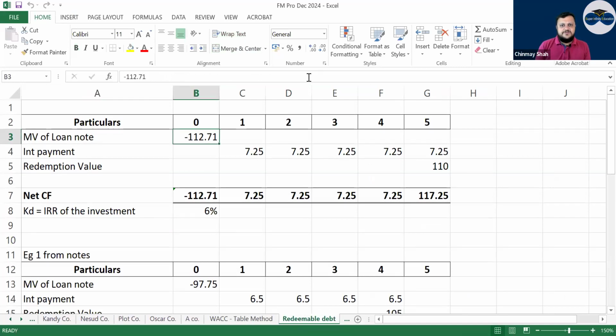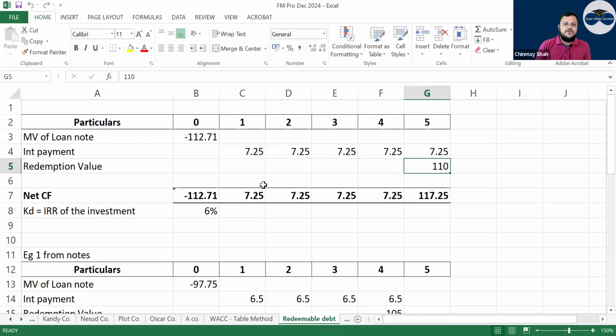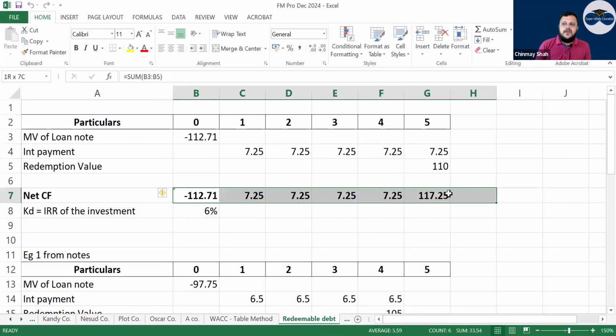I hope the Excel sheet is visible. Then the interest payment. Your tax was not given, so I took normal interest payments, correct? 7.25, and at the end the redemption. So you take the total net cash flow, and you have to find the rate where the present value of all the cash flows is equal to 112.71.